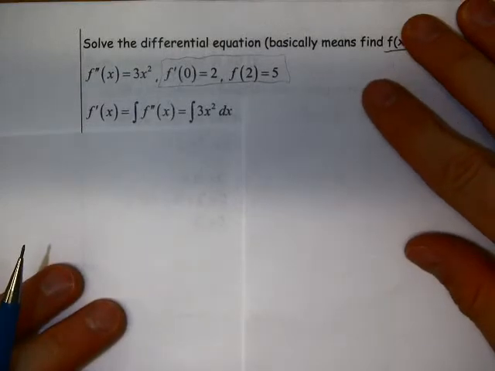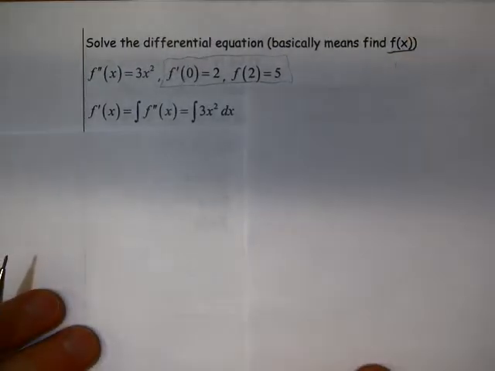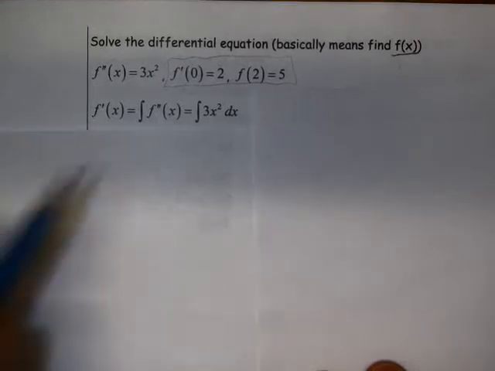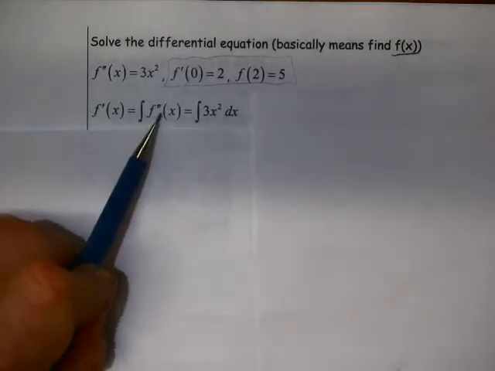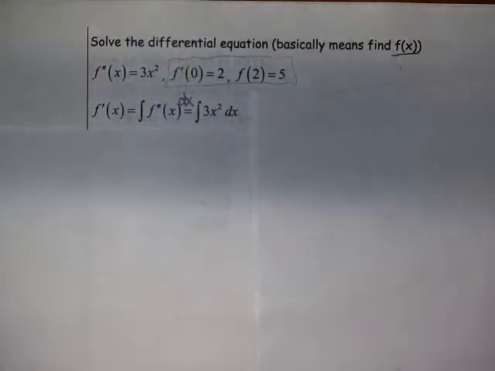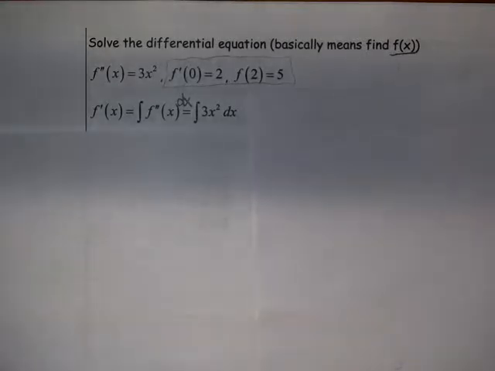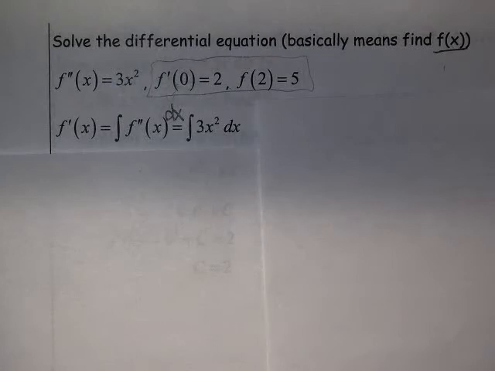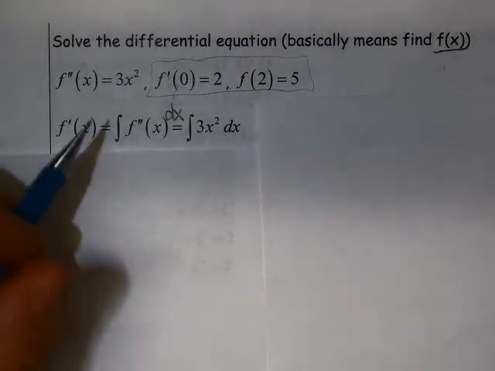We want to find the first derivative. So to find the first derivative, we have to find the indefinite integral of the second derivative. And really this should have a dx after that f double prime. I probably should have mentioned this in the first section of the notes when we first introduced this notation, but this can be confusing for some students.